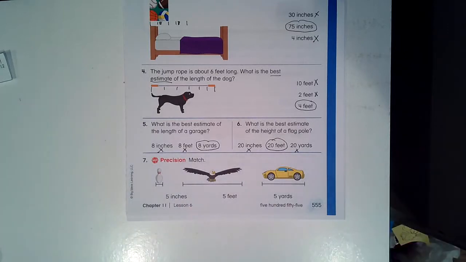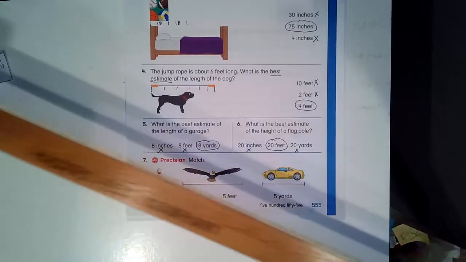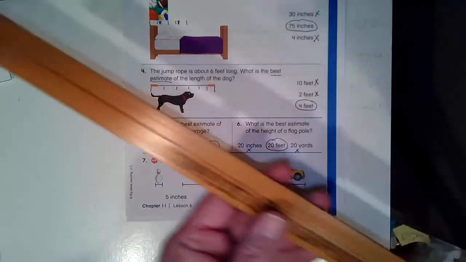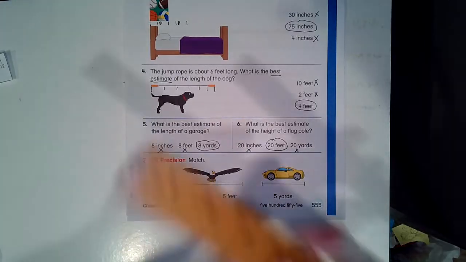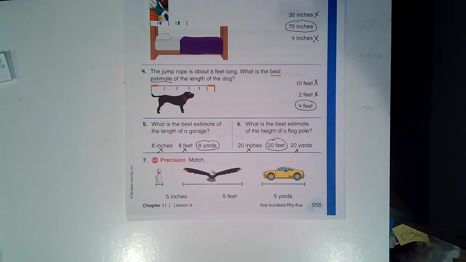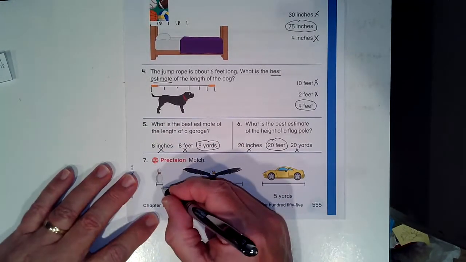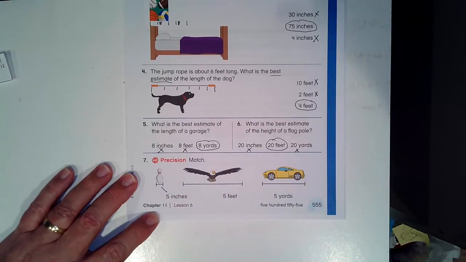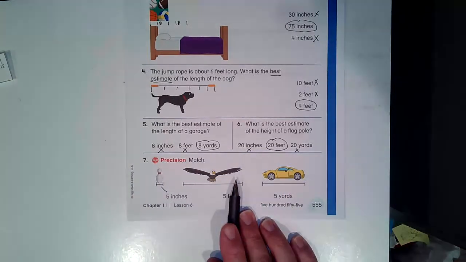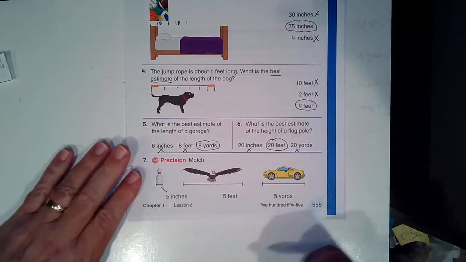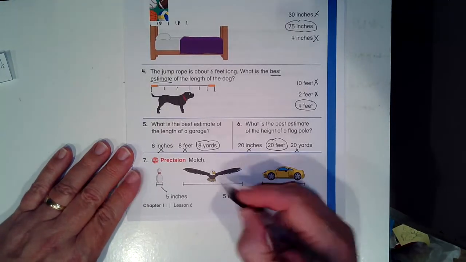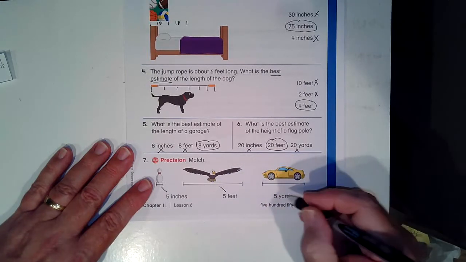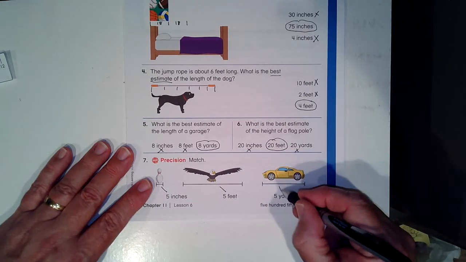My yardstick, would it be 5 of those? 5 of these, all one, and then another 2, 3. You're right. It would be 5 inches. The wingspan of an eagle, 5 yards is going to be too much. 5 feet. And a car, 5 yards.